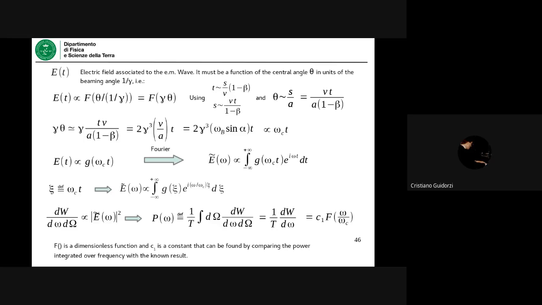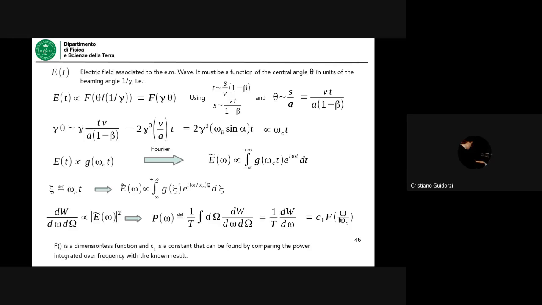So this is the average power emitted by the electron. We can think of it as just dW over d omega, the power over time. You immediately see that, given that this depends on E tilde squared, the dependence on omega goes through the ratio between omega and omega c. So whatever the mathematical function that describes this dependence is, the dependence on omega goes through this ratio. Okay, this is really important.